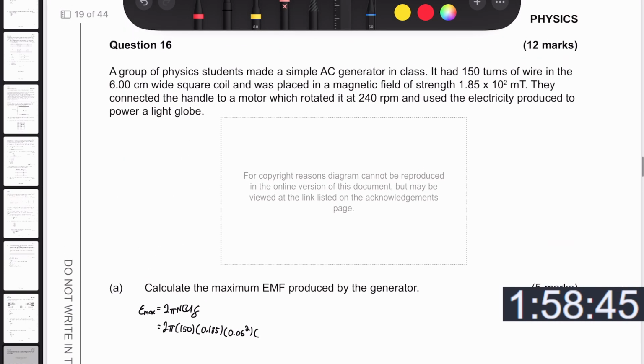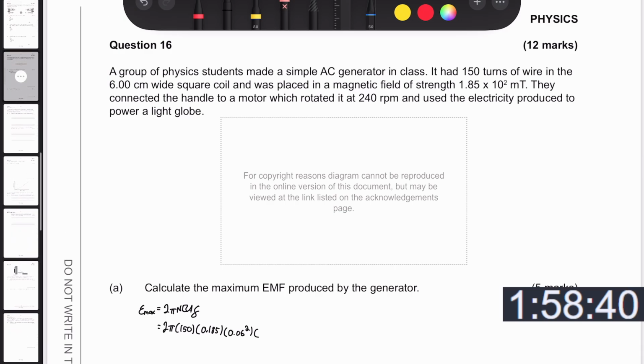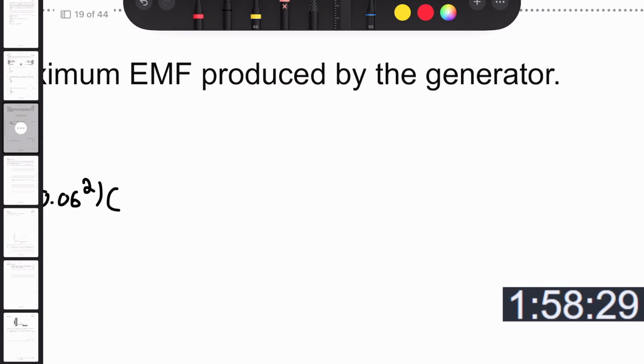Then frequency: I connected the handle to a motor which rotated it at 240 RPM, so 240 rounds per minute.